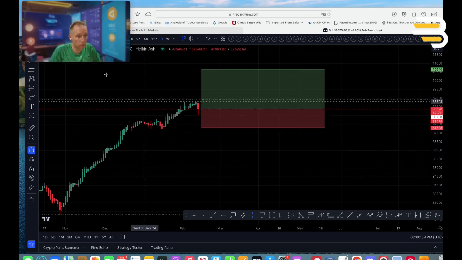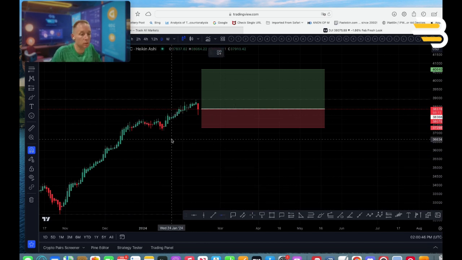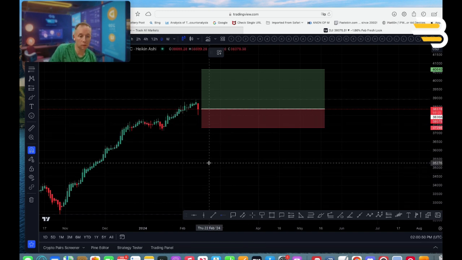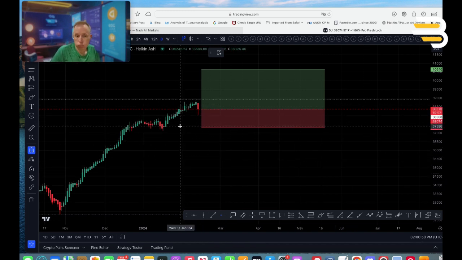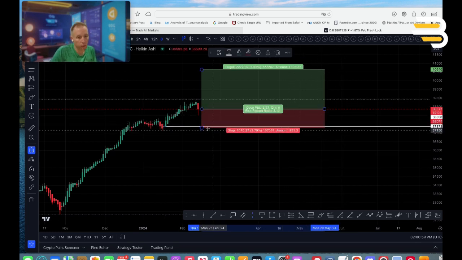Bear with me, guys, we're about to start drawing horizontal levels. But let's say that for some reason you thought the low is going to be here at this level, and so you have a stop loss just under that level, and you think this was a good trade setup.